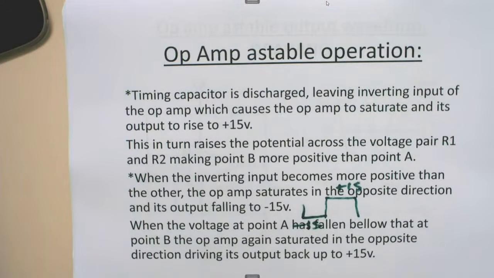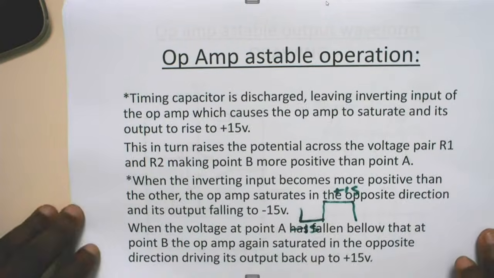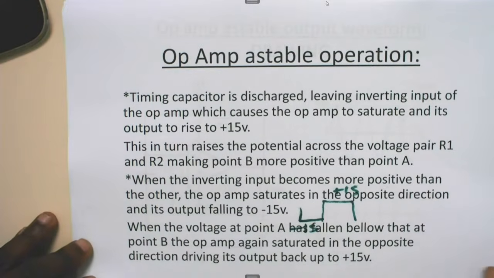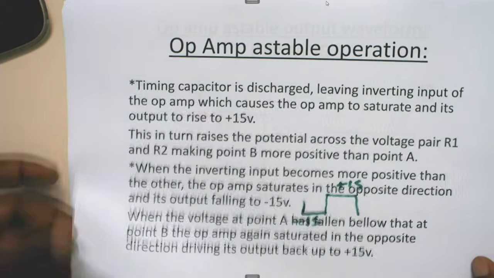When the voltage at point A has fallen below that at point B, the op-amp again saturates in the opposite direction, driving its output back to positive 15 volts. This process will continue like that. This is the operation of our multivibrator being astable in this case.